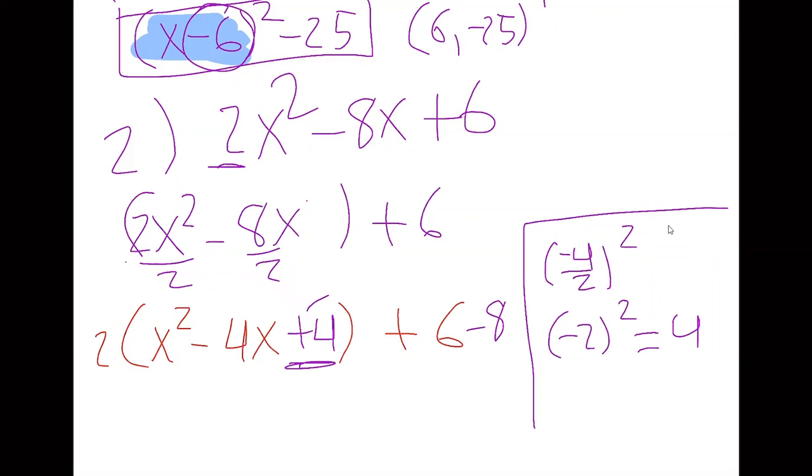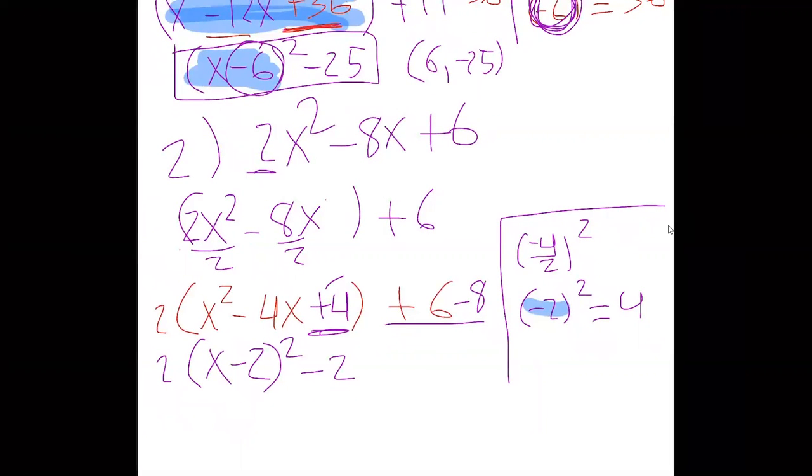So now we can factor this. I'm just going to keep the 2. I'm going to have x, and like I said, whatever you get here is what you're going to have inside this binomial, or two-piece expression. Then we combine our outside: 6 minus 8 would be minus 2.